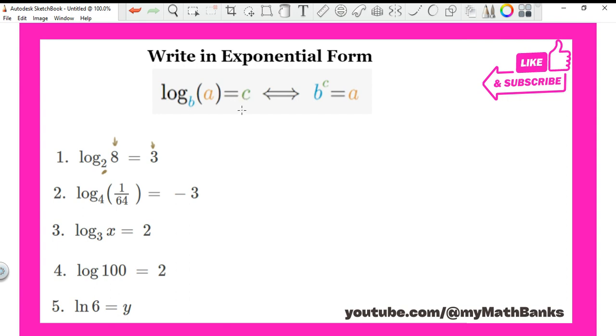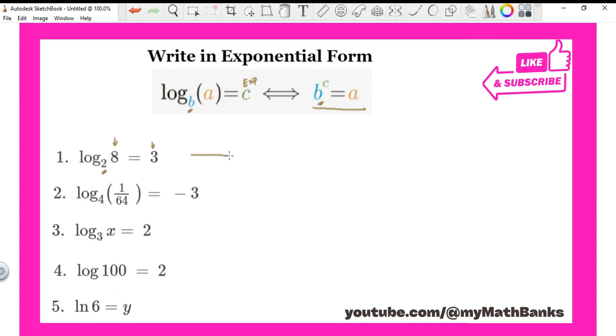So your C here represents your exponent. Now, if we change this into an exponential, obviously we're more familiar with the exponential form. This is your base, exponent, and argument. So the base here will be the base, the argument right after your base that goes after the equal sign.